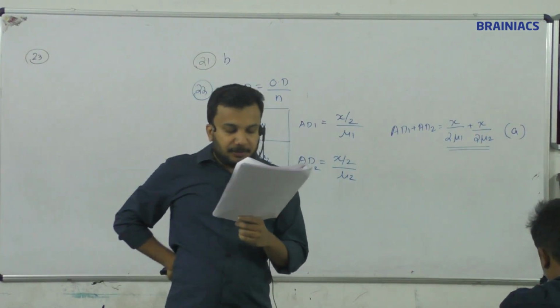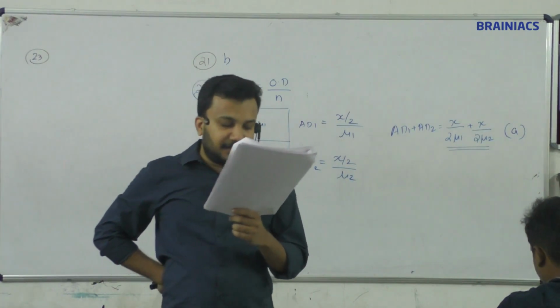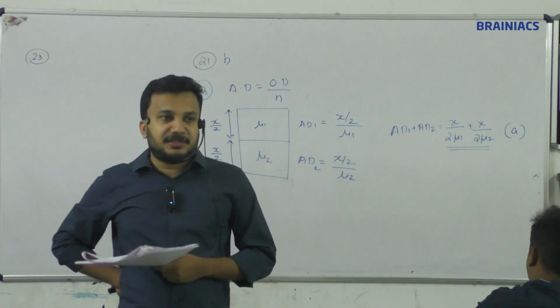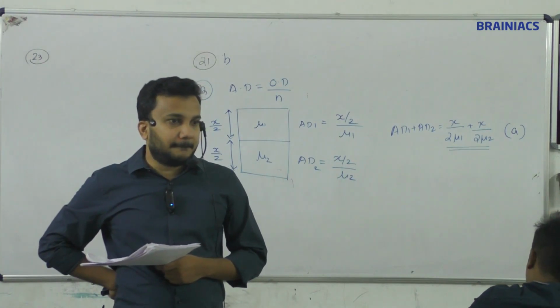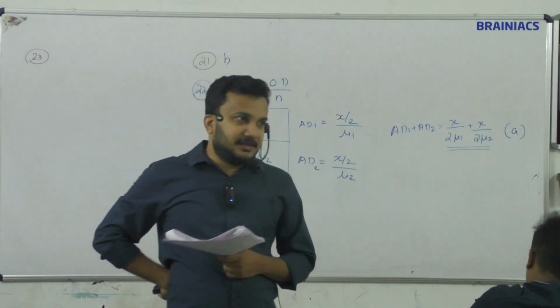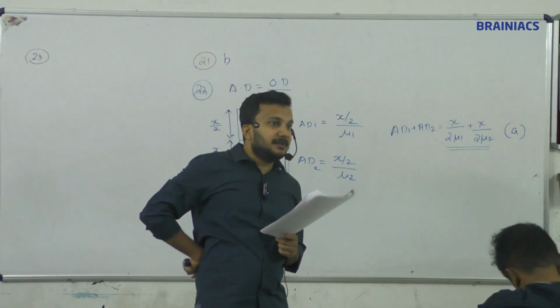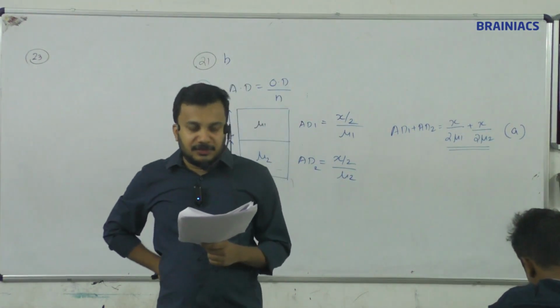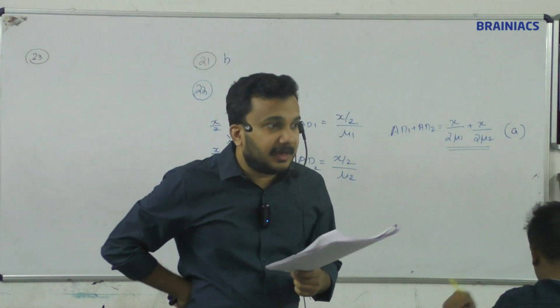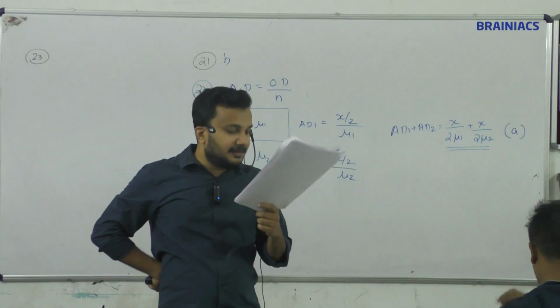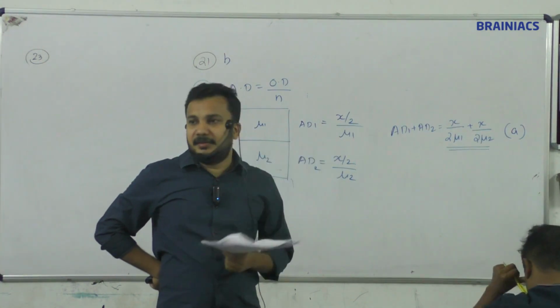First we will see medium 1, medium 2, medium 3. Looking at the diagram, I1 is higher, R1 is lower. If a ray is moving from a rarer to a denser medium, it bends towards the normal. Comparing medium 1 and 2, which one is denser? Medium 2. So we can clearly write D2 greater than D1.